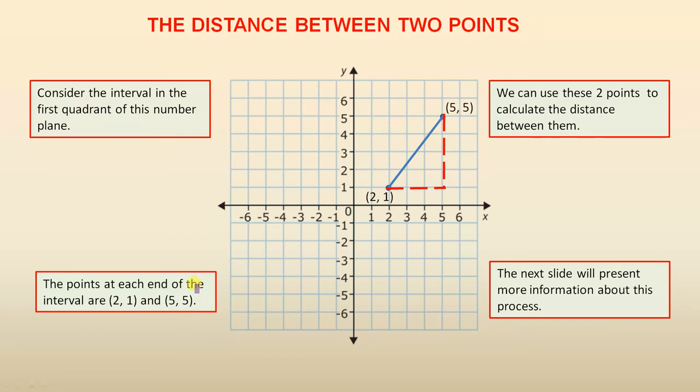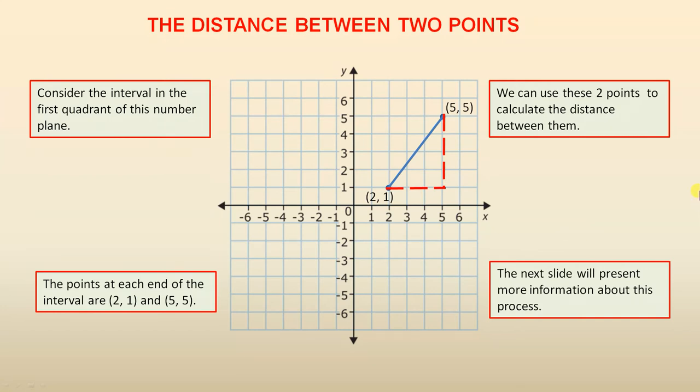The points at each end of the interval are (2, 1) and (5, 5). So there's (2, 1) and there's (5, 5). We can use these 2 points to calculate the distance between them, so we can actually find the length of the blue line. The next slide will present more information about this process.